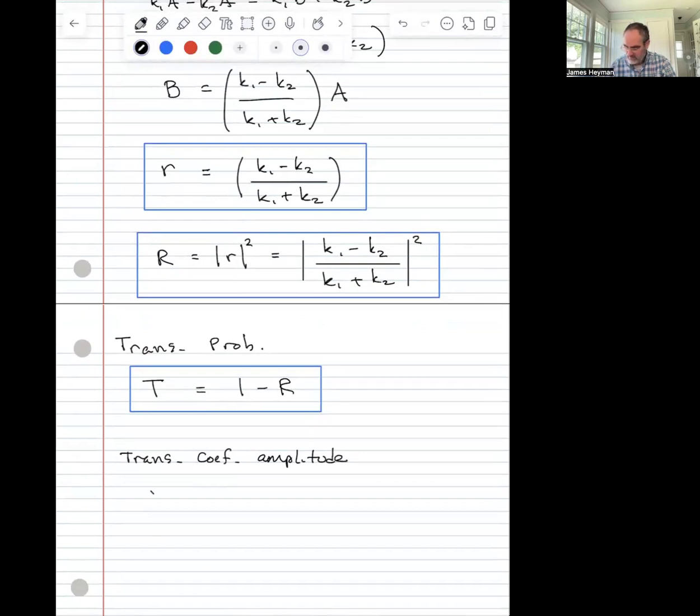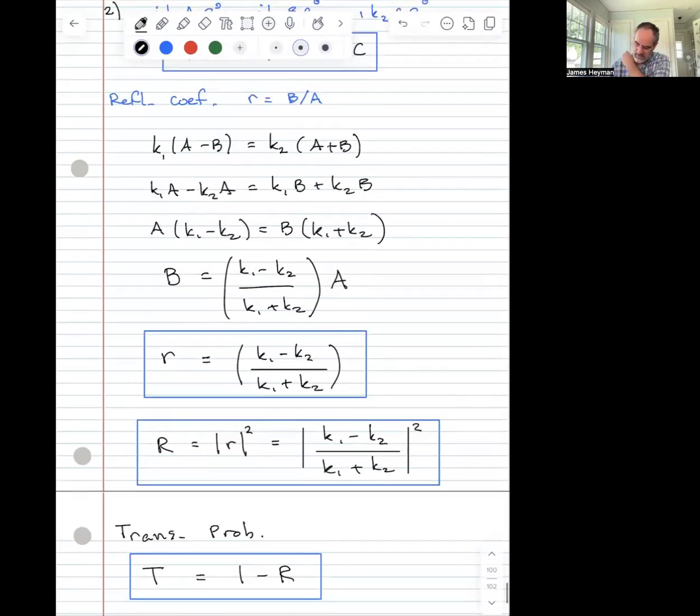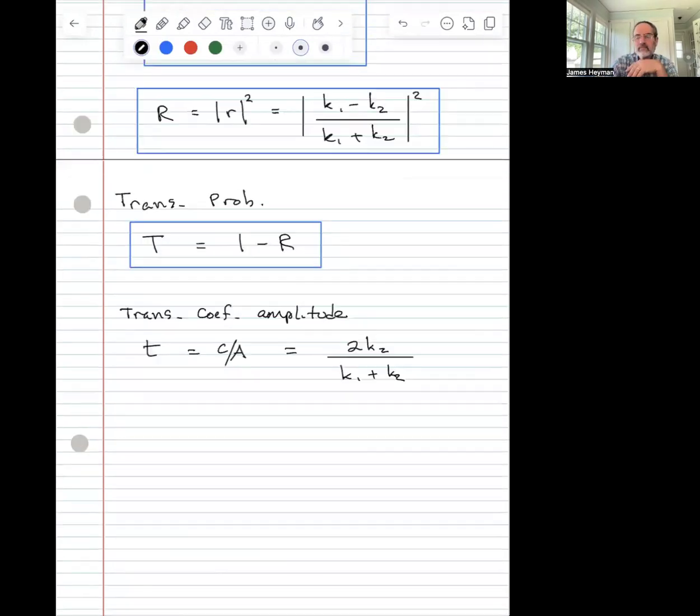That's, excuse me, little t, which is C divided by A. Okay? And with a little bit of math, we can figure this out as well. All right? And it's straightforward to show that C over A is equal to 2 k2 over (k1 plus k2). All right, let's stop here.